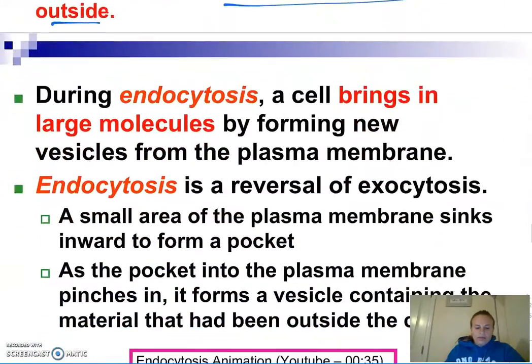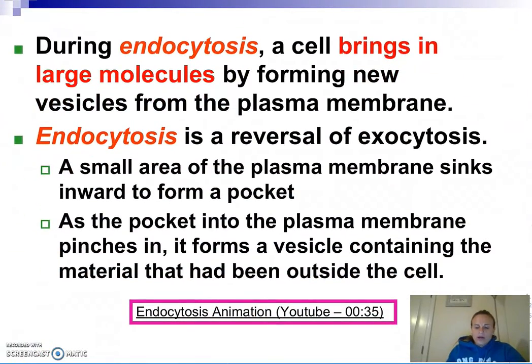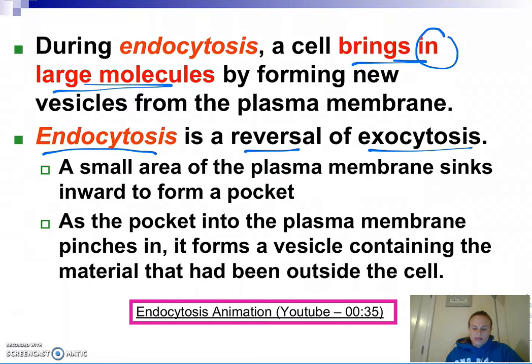On the other hand, we've got endocytosis, which brings in large molecules such as polysaccharides and proteins. So endocytosis is a reversal of exocytosis. So how does this happen? A small area of the plasma membrane sinks inward to form a pocket.